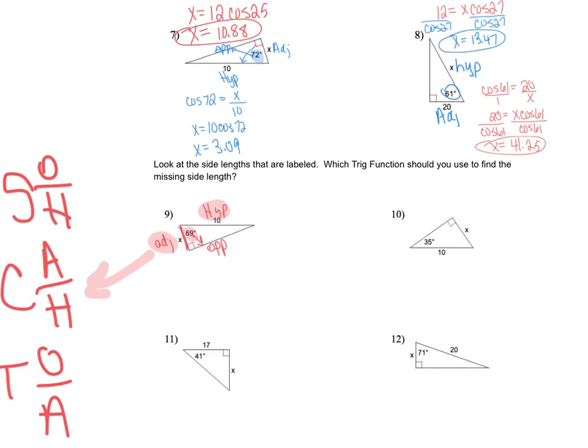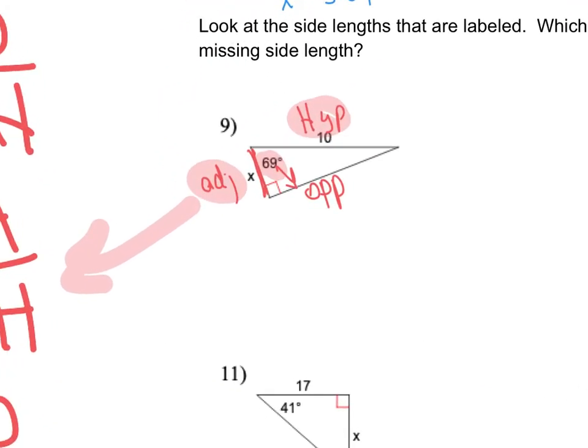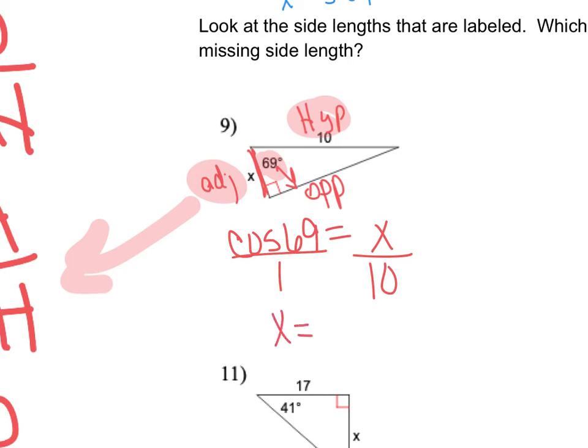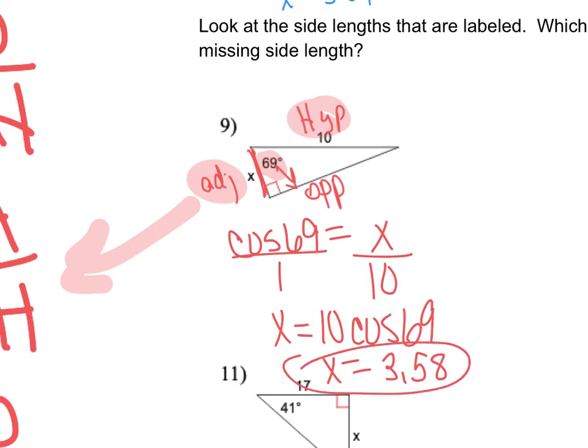So I'm going to say that the cosine of 69 equals adjacent, which is x, over the hypotenuse, which is 10. Cross multiplying, x equals 10 times the cosine of 69, which is approximately 3.58. Again, looking at my side lengths, that makes sense.